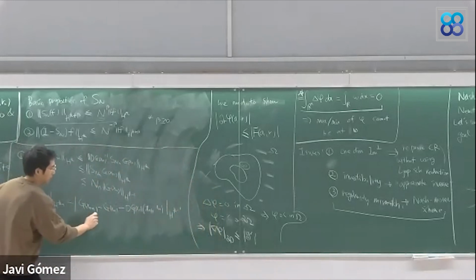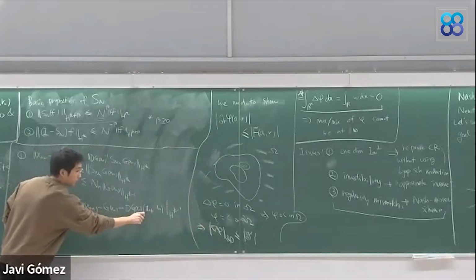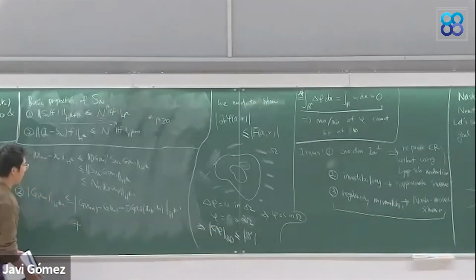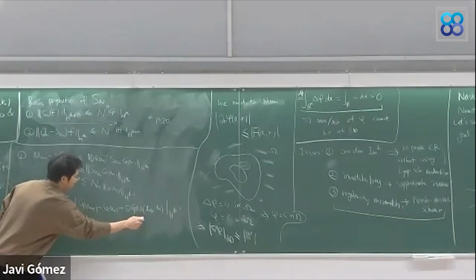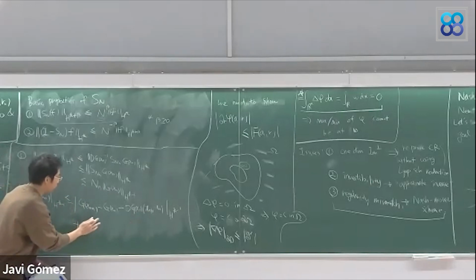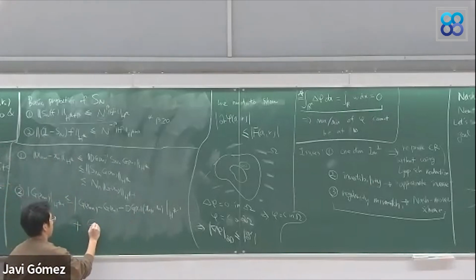So this is just the finite difference. And we added something new here. To keep the equality, we have to subtract the same thing that we just added.